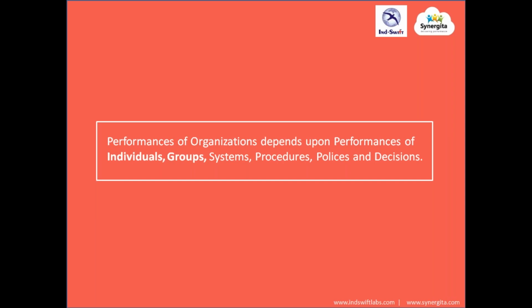Now you can replicate designs of systems, procedures, policies, and decisions based upon what your competitors are doing or what great organizations are doing. You can predict the performance of your systems, procedures, policies, and decisions, but the performance of individuals and groups is very difficult to predict, forecast, and design.